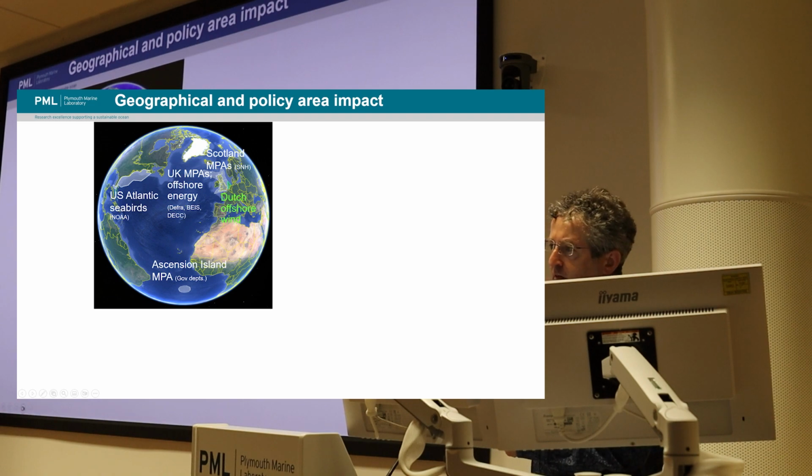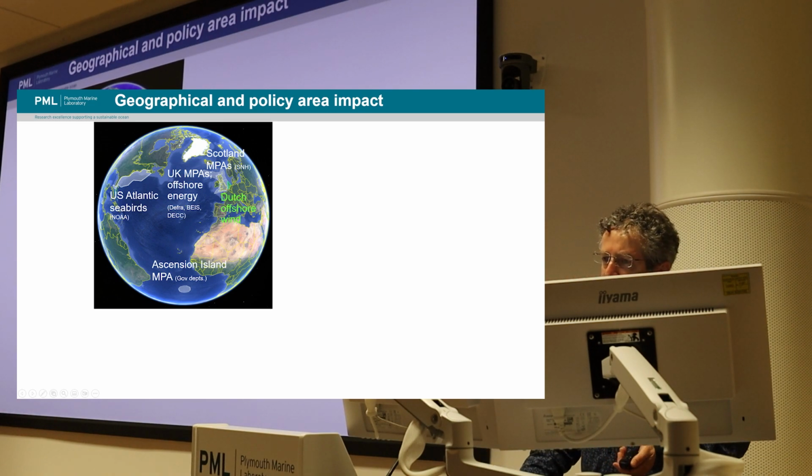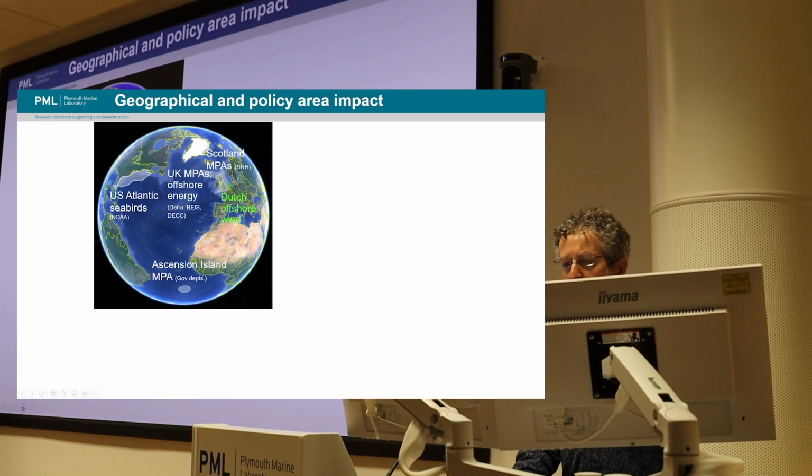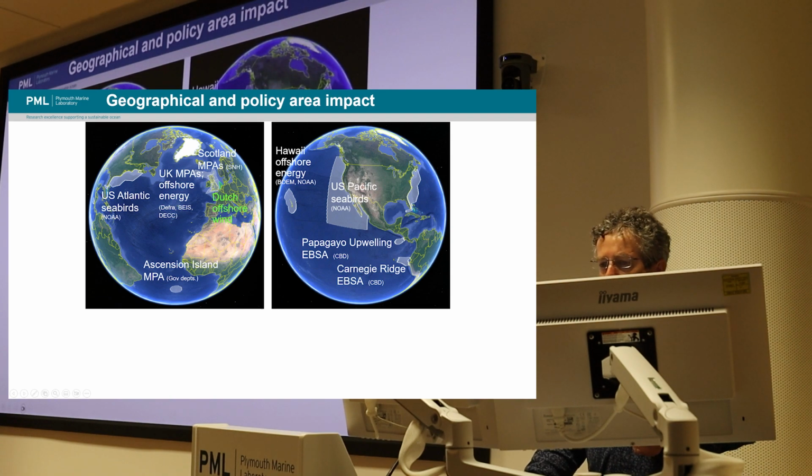The front analysis has contributed to various areas of policy, not just the UK marine protected areas, but also on siting for offshore wind and looking at distributions of other animals when planning offshore developments, such as offshore energy and marine protected areas, and on the other side of the world as well.